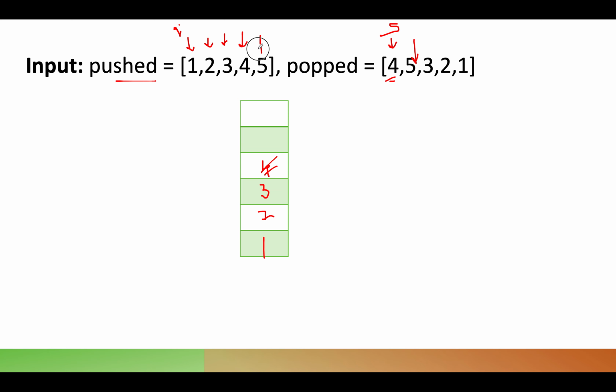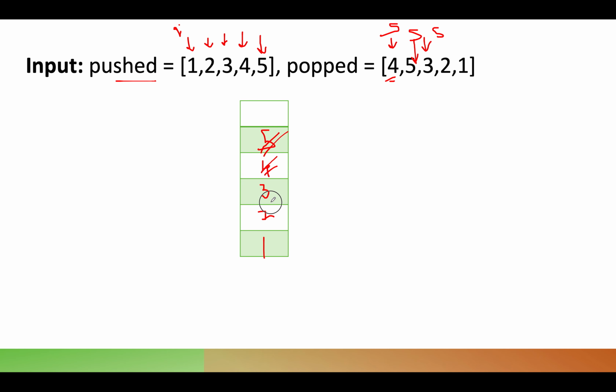What we have next is 5, 5 gets added to the stack. 5 matches with the current element in the popped array, therefore we'll remove it and move the S counter.